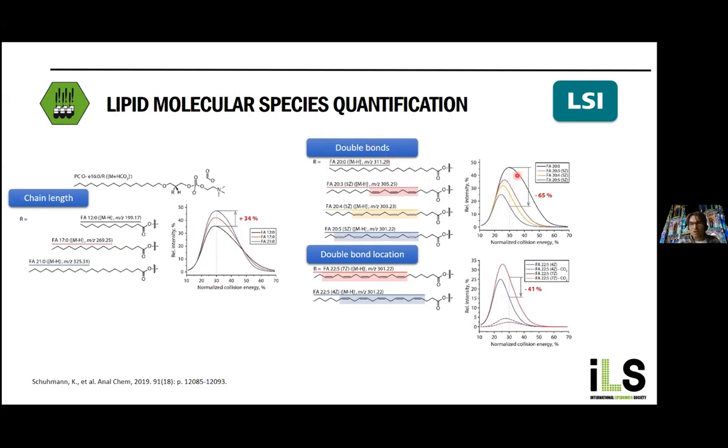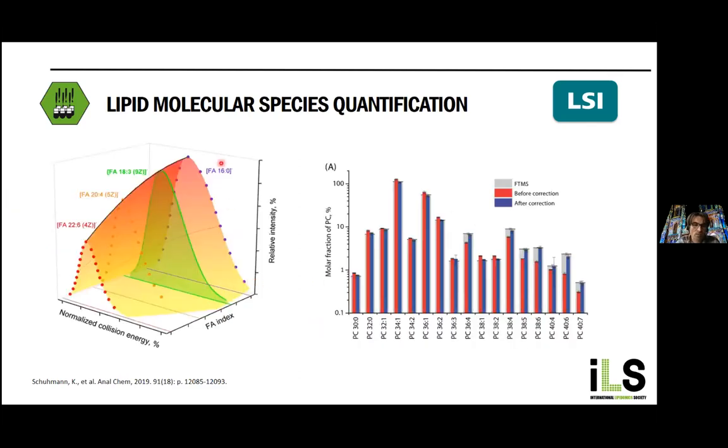A higher number of double bonds gives a decrease in relative intensity, and double bond location also has an effect.